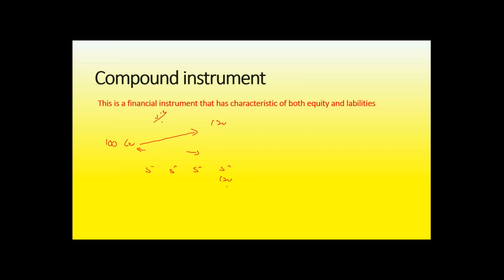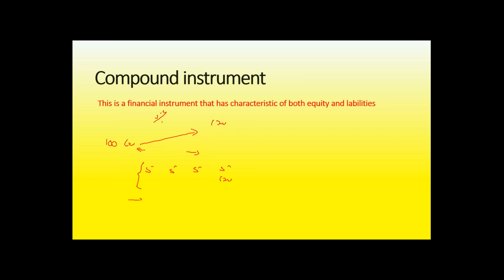All that we are going to pay, we will bring to the present value, and let's assume the present value once we discount it. The discounting rate is the rate of a non-convertible bond, a bond that is not convertible. That is the discounting rate we will use here. So let's assume an unconverted bond.